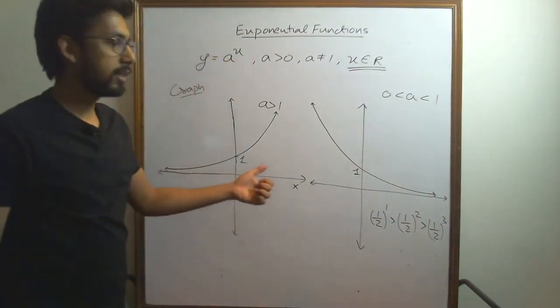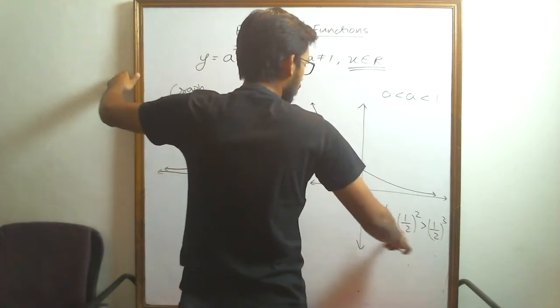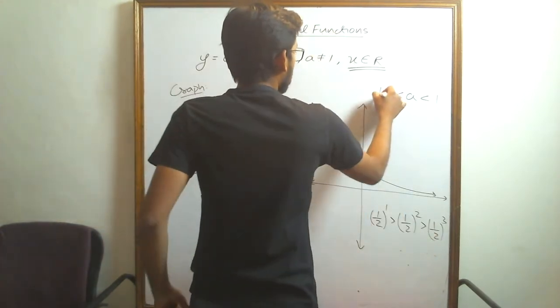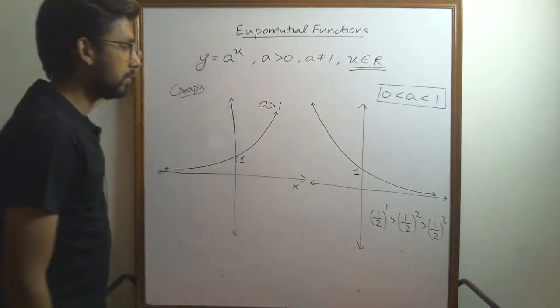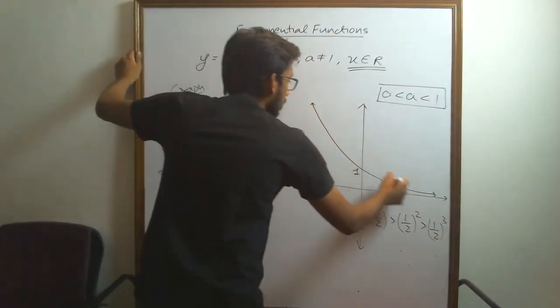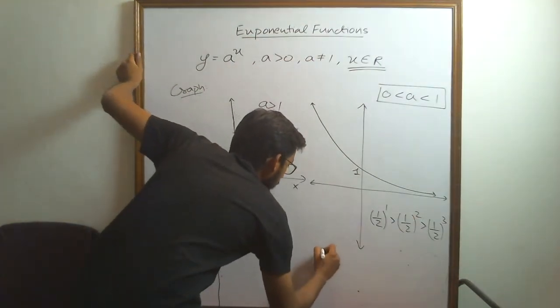So as I increase the value of x, the value of y is decreasing. So this is a decreasing function whenever the base is between 0 and 1. This is the graph that we get for the exponential function when a is between 0 and 1.